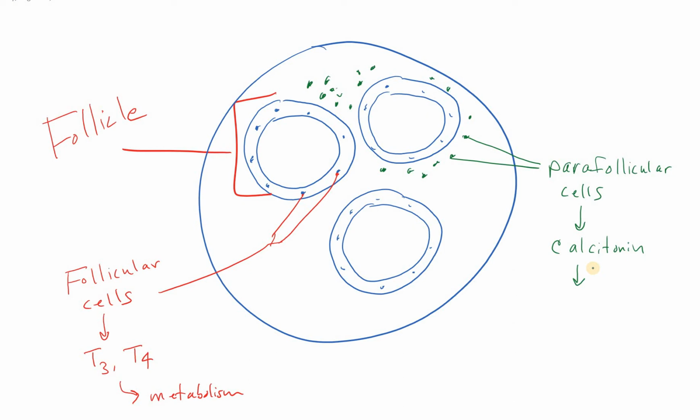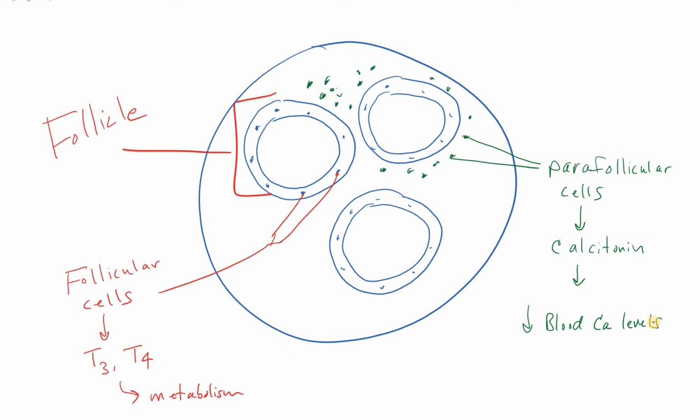Okay, and calcitonin is designed to reduce blood serum calcium levels. Okay, keep in mind, let's say you consume a high calcium diet. Lots of calcium is now floating around your body. The calcitonin is released, and that is going to help take the calcium and store it into bone.